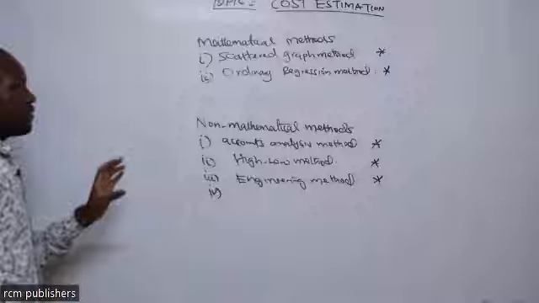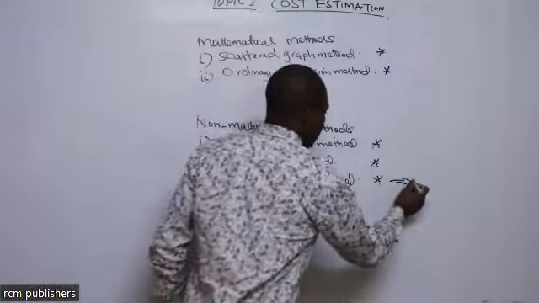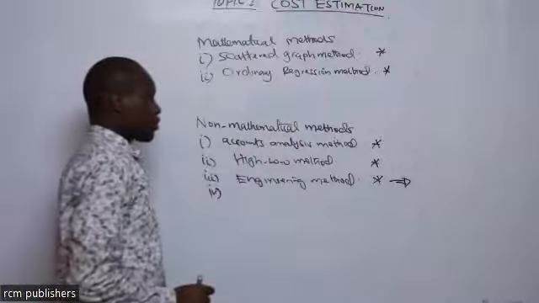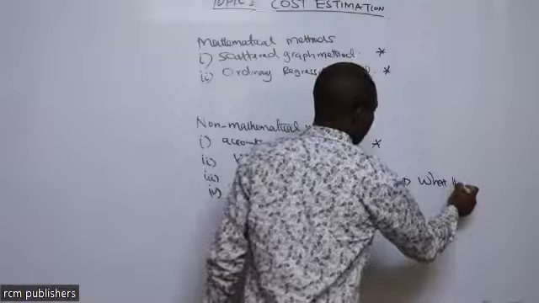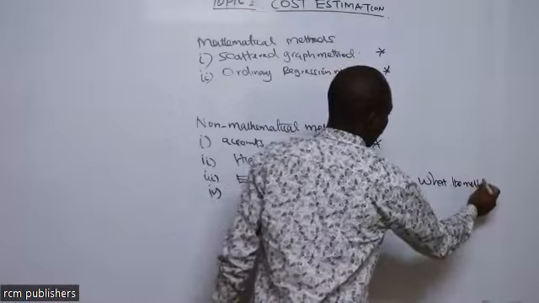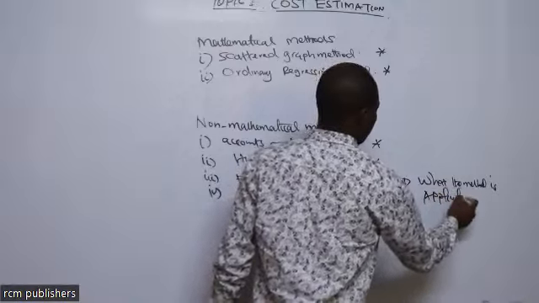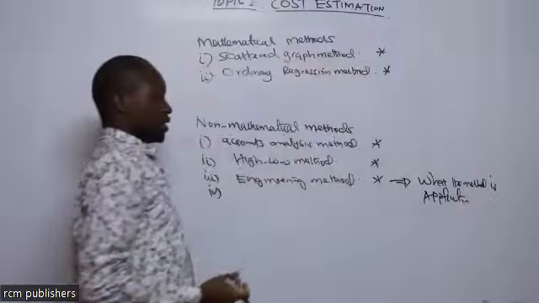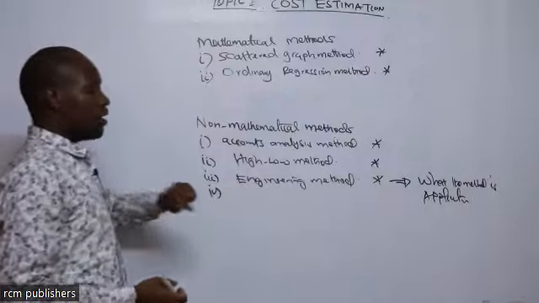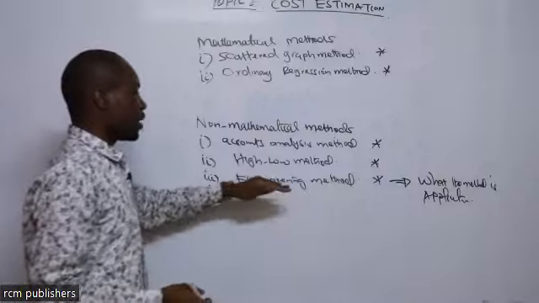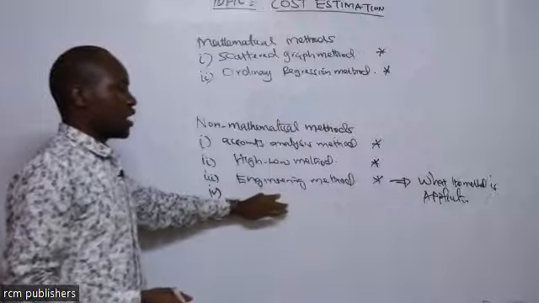All of them are very important to us, but what you need to know under engineering is what the method is, its application, or how we use it to come up with the cost estimates and the cost estimate system. That is all you need to know about engineering.